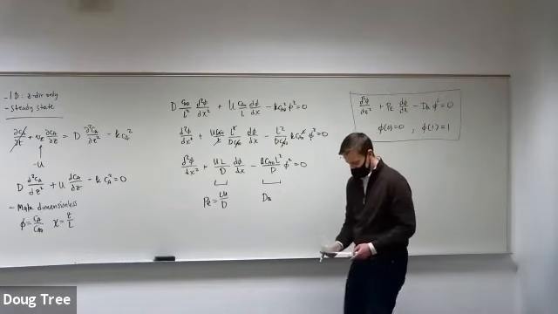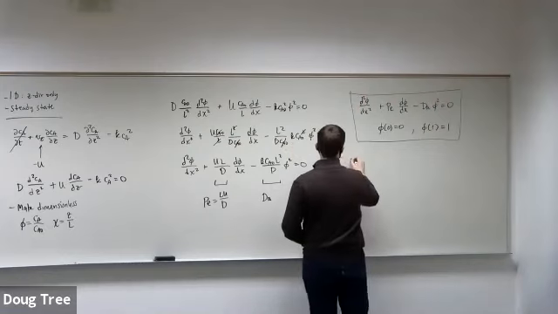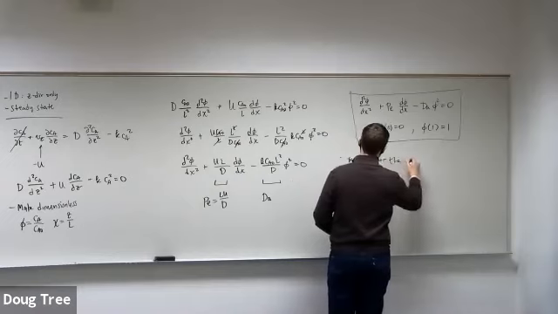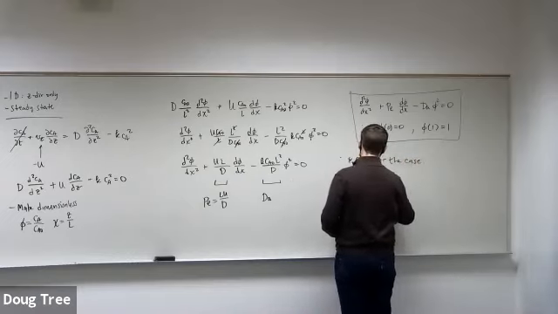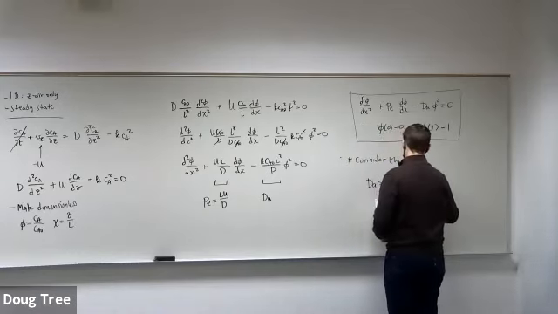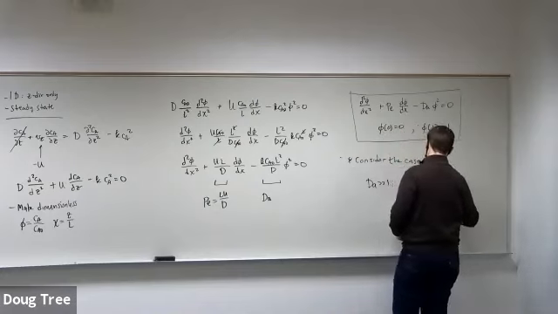Okay, so I want you to think about this for a second. We are going to consider the case where we have Damköhler number much greater than 1, but the Peclet divided by the Damköhler ratio is order 1.